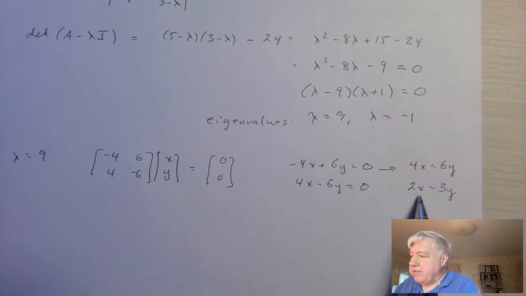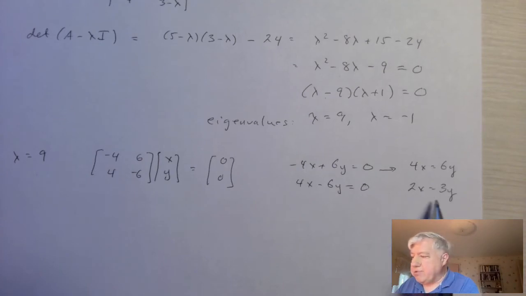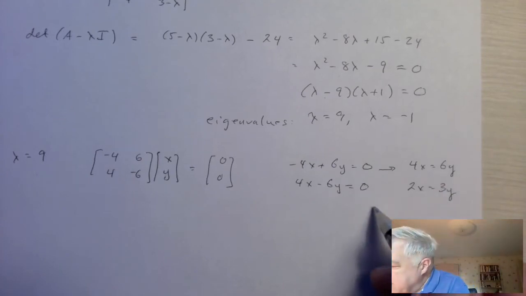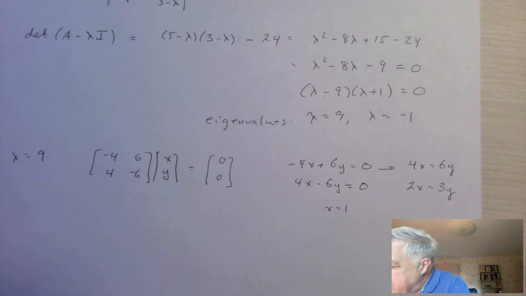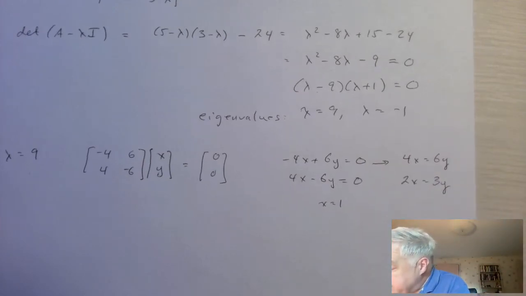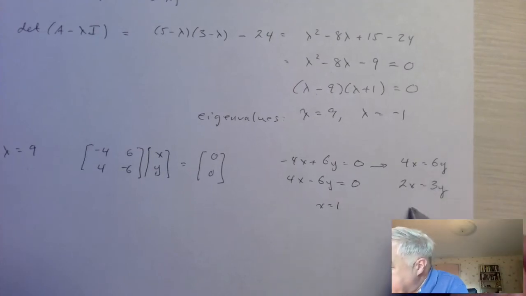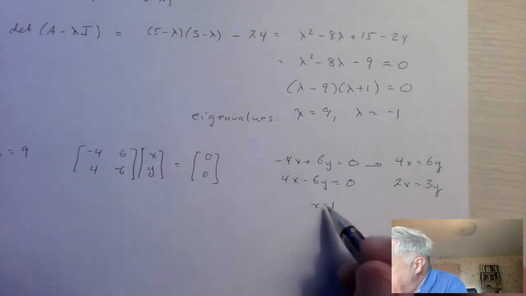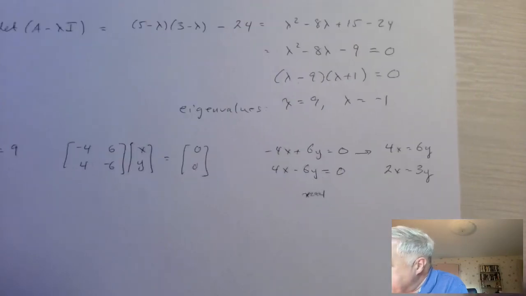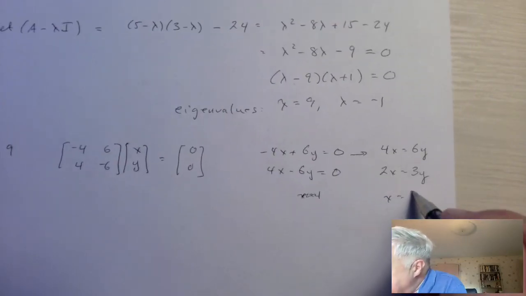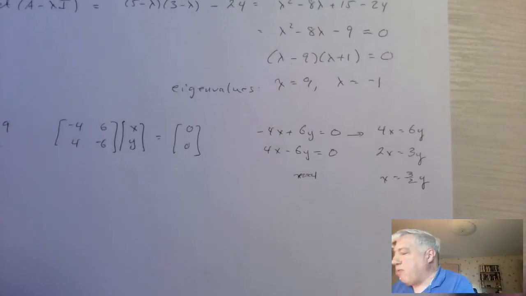So if we let x be anything we want, as long as 3y equals 2x, we get an answer. How about we do it this way? We let x equal 3/2 y. So we can let y be anything, so we can let y equal 1.